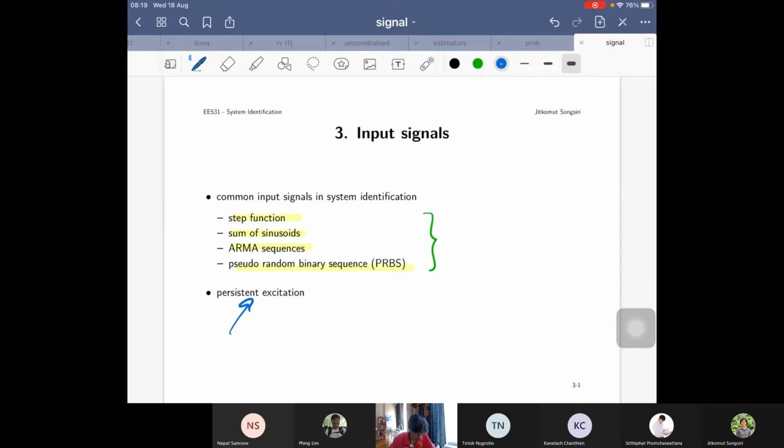It is a degree to which to explain if our input signal is sufficiently informative for the experiment, or basically how can you choose a good input for system identification. Okay.